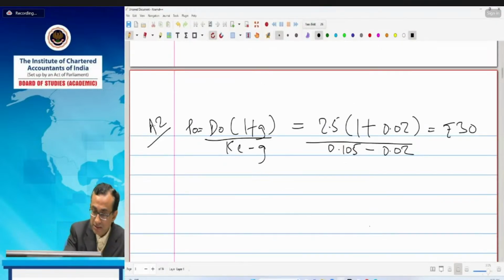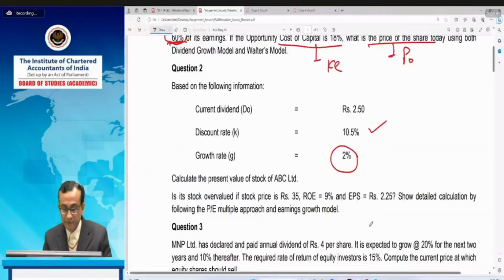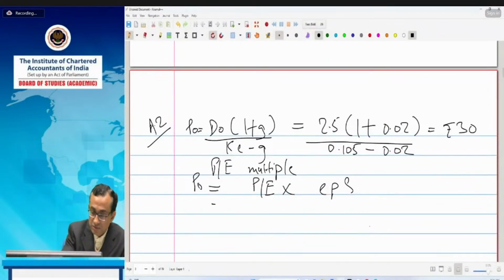The price earning multiple approach: first we'll take the price earning multiple. So in this case, P0 is equal to price earning multiple into EPS. In this question, the EPS is given to you. Price earning ratio is not given to you. So the price earning ratio can also be calculated as 1 upon ROE, or return on equity.